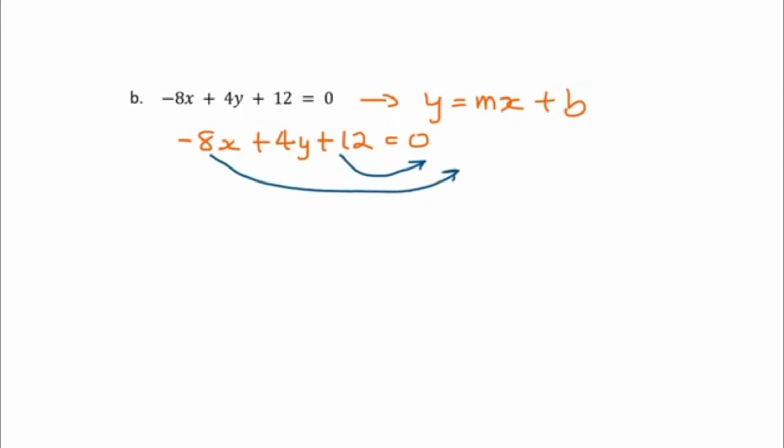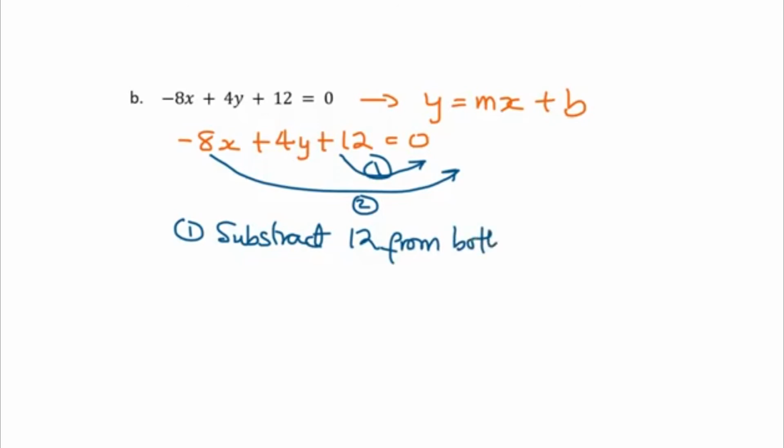If you're moving from one side of the equal sign to the other, it means that you're going to change your sign. So for the first step, we'll make this first and this second step. So for number 1, in here we're going to subtract 12 from both sides.